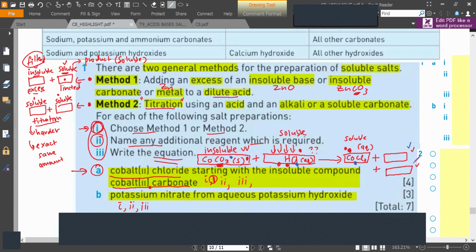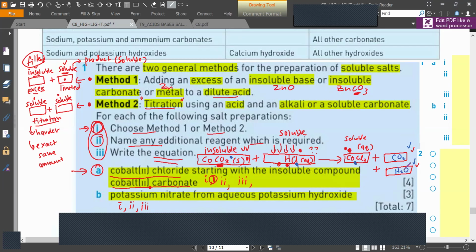What are the other two products? Water and CO2. Yes, carbon dioxide and water.